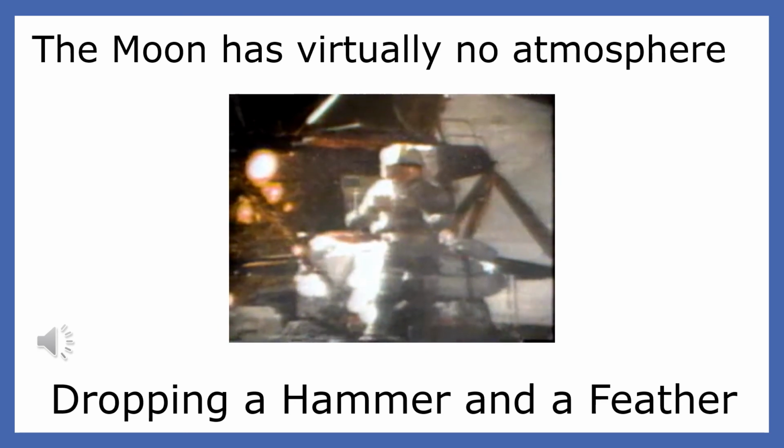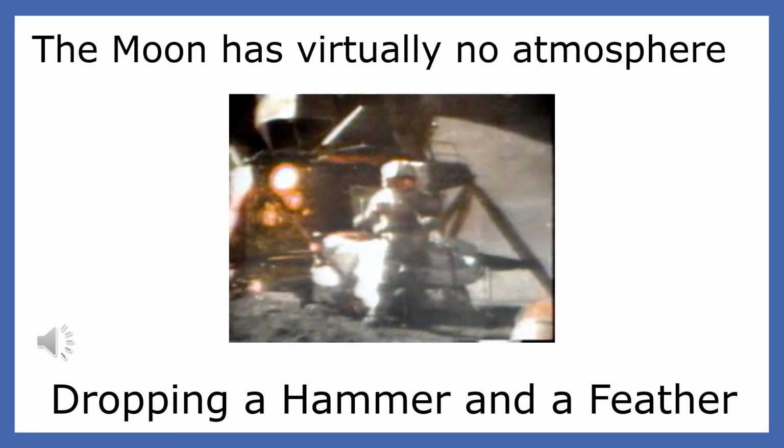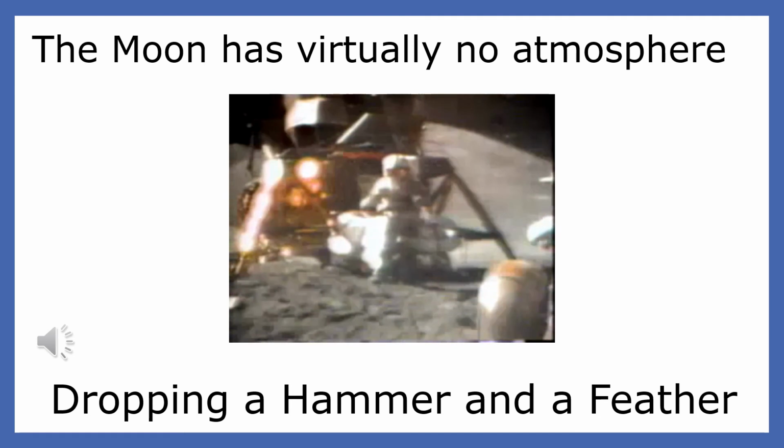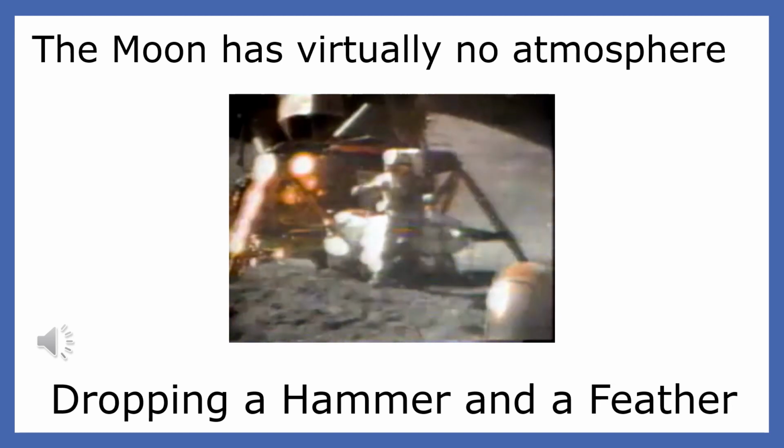And so we thought we'd try it here for you. The feather happens to be appropriately a falcon feather for our falcon. And I'll drop the two of them here, and hopefully they'll hit the ground at the same time. How about that? How about that? It proves that Mr. Galileo was correct in his findings.